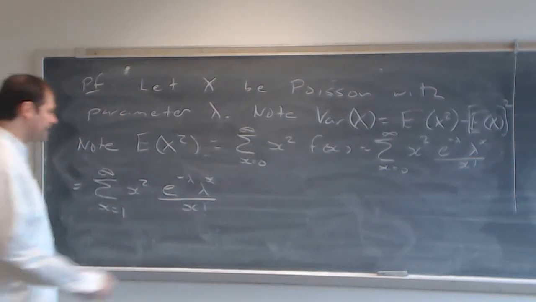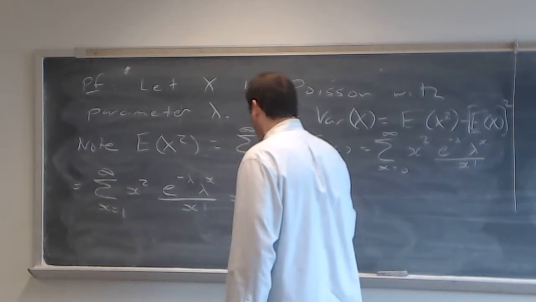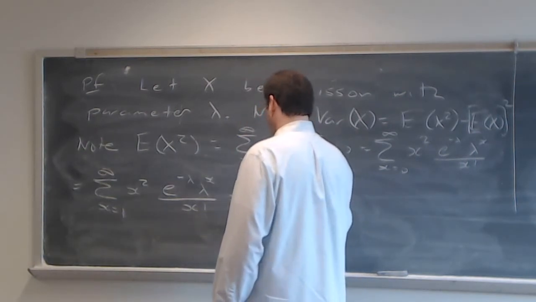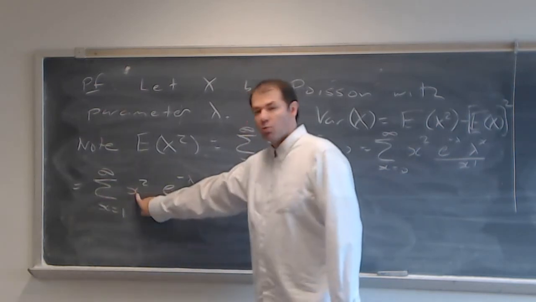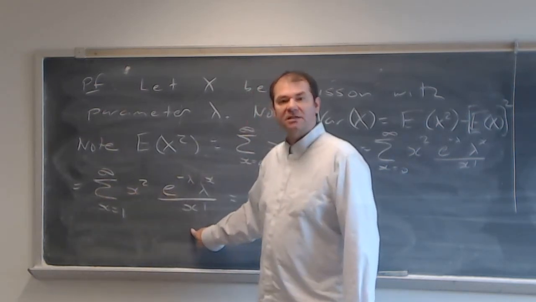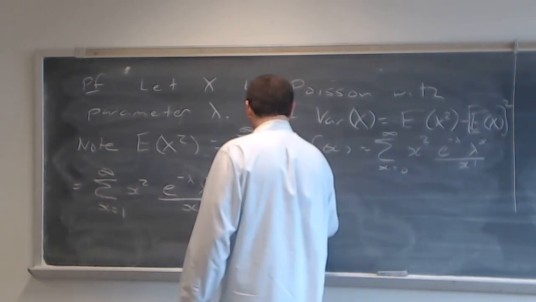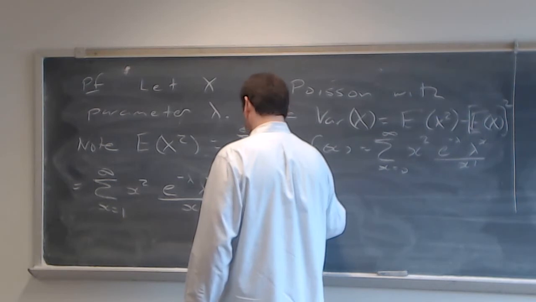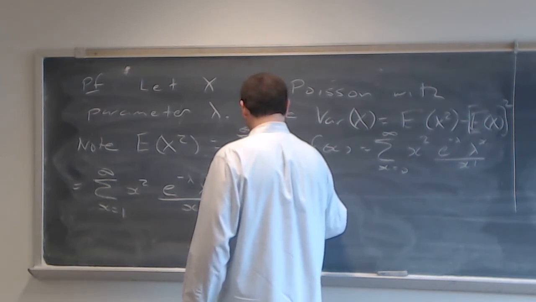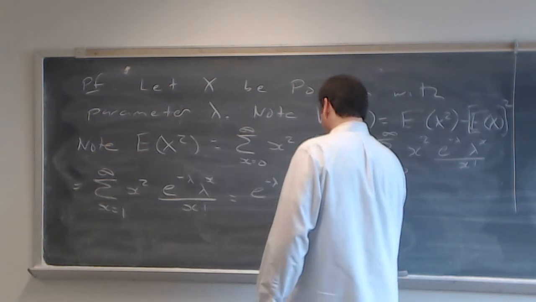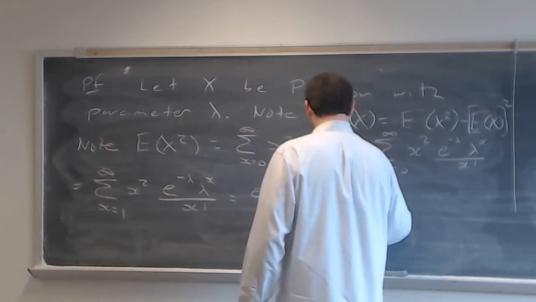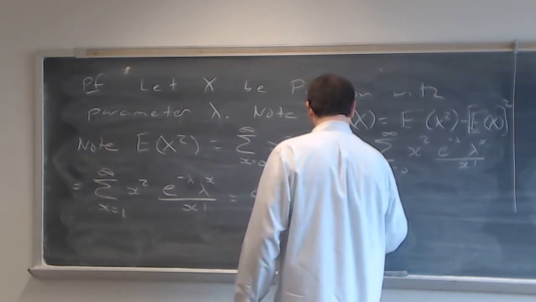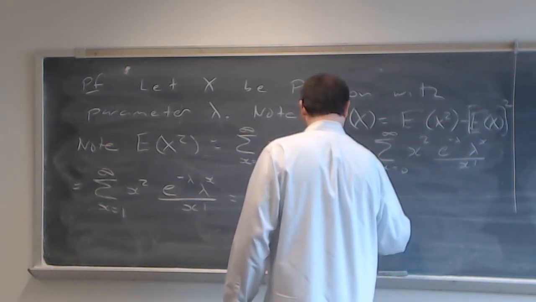Here I am going to take out an e to the minus lambda. I am also going to cancel one of these x's with the x in the factorial. So from 1 to infinity, here I have x, lambda to the x over x minus 1 factorial.